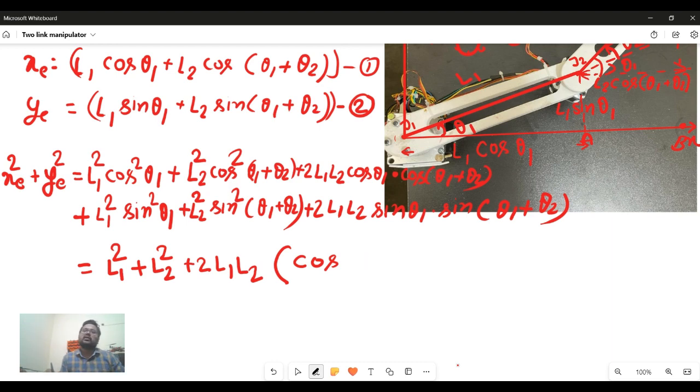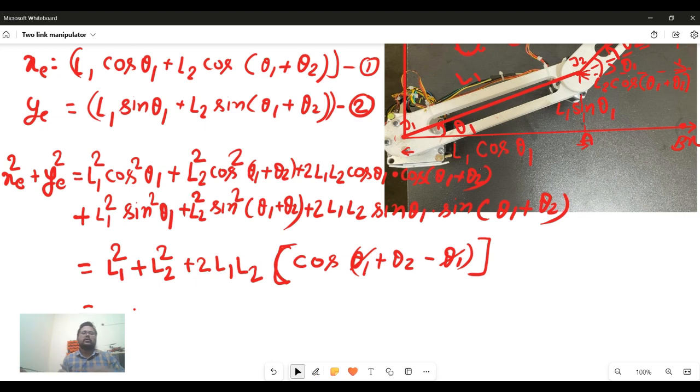In the sense you can write theta 1 plus theta 2 minus theta 1, or theta 1 minus (theta 1 plus theta 2); both are correct, so actually this will be plus or minus, both are correct. You can see this will cancel out, so theta 2.